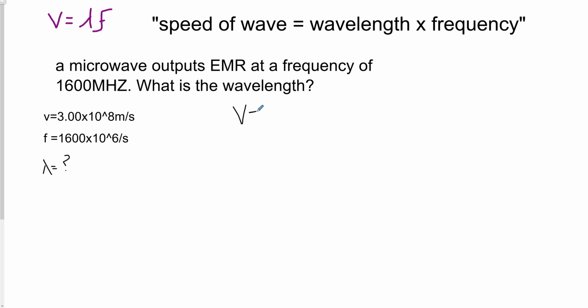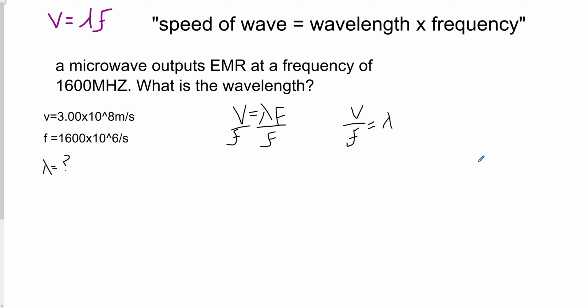V equals lambda F. I need to turn this into a formula that has lambda all alone. We are probably really good at this now. Divide both sides by F. V divided by F equals lambda.